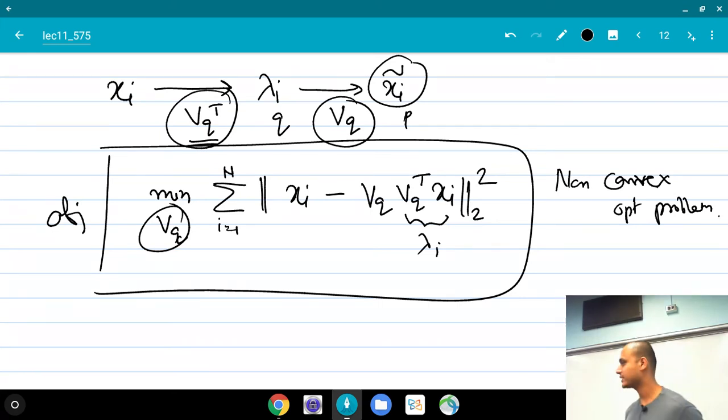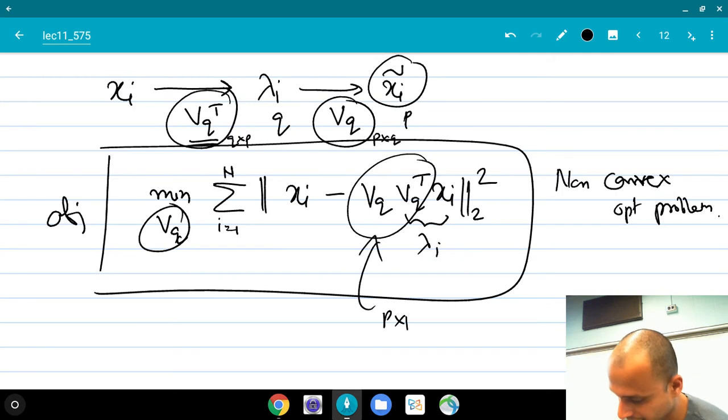Are you asking whether it's identity? No, it's not. Okay, good question. This is P cross Q, and this is Q cross P. So this is a P cross P matrix.